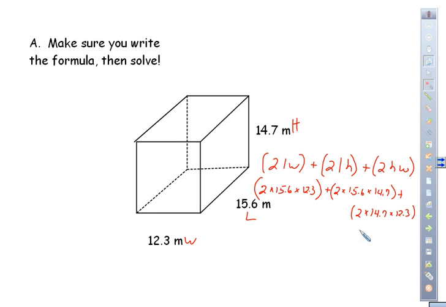So take your calculator, 2 times 15 6/10 times 12 3/10, which is going to give me 383 76/100, plus 2 times 15 6/10 times 14 7/10, which is going to give me 458 64/100, plus 2 times 14 7/10 times 12 3/10, and I get 361 62/100.